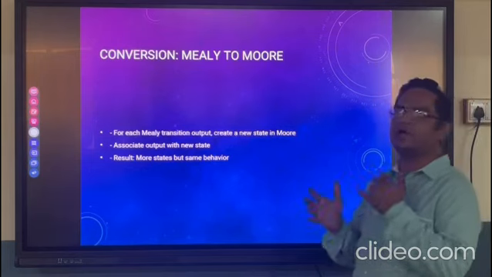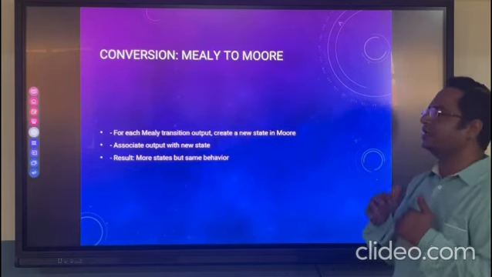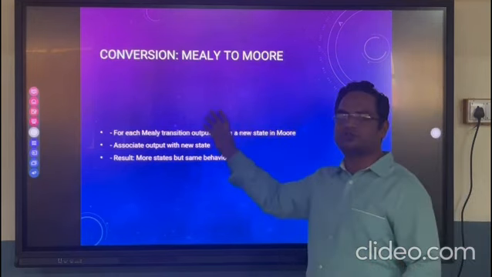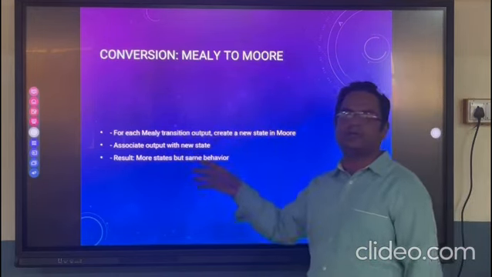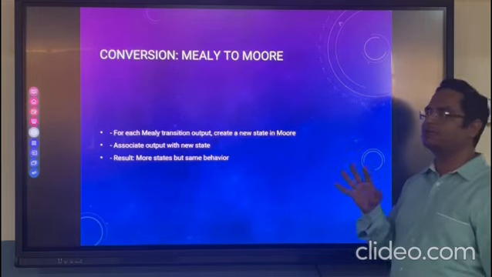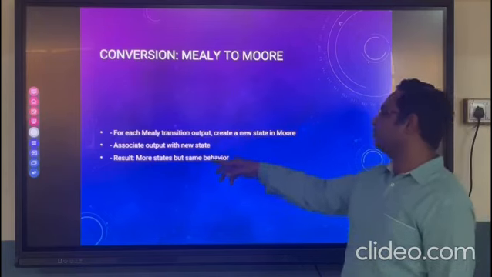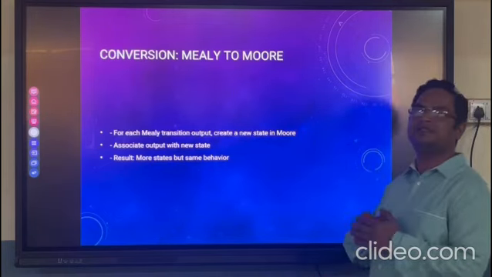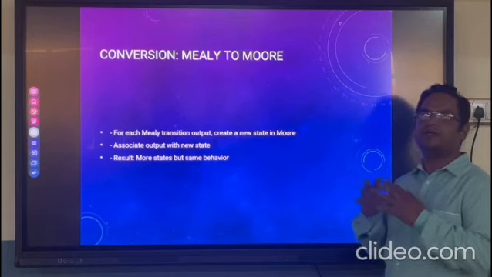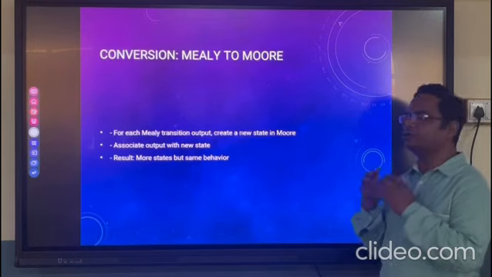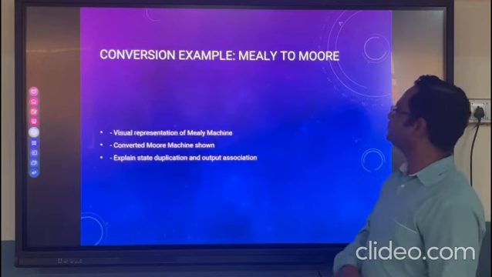In the Moore machine, every time it generates a new output, it associates the output with the new state, meaning in the Moore machine output depends on the current state. The result is more states but the same behavior. The states are different, but it shows the same kind of behavior.